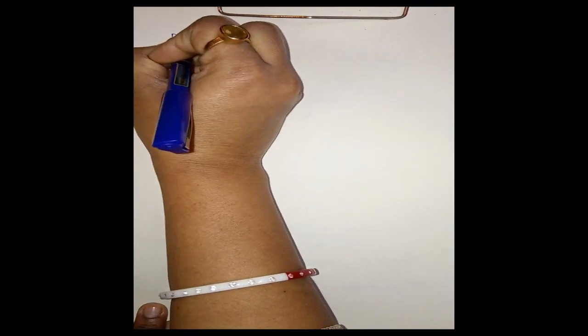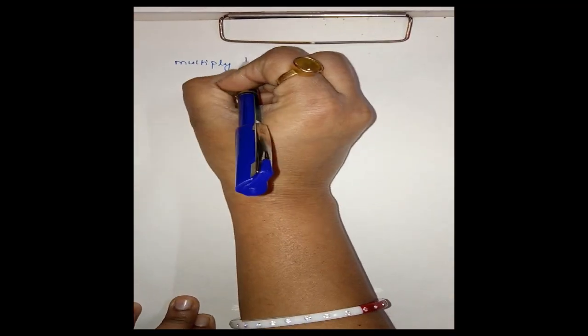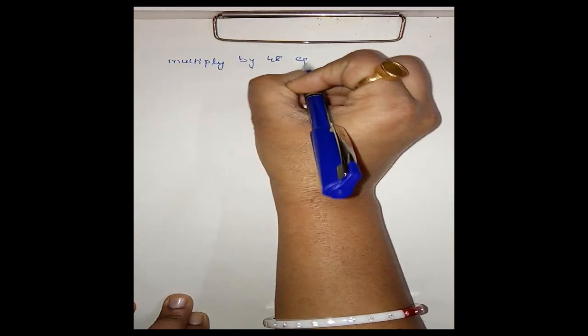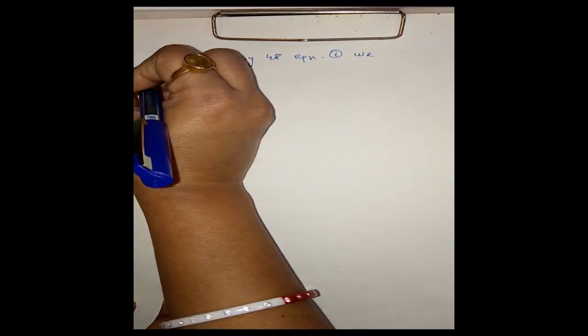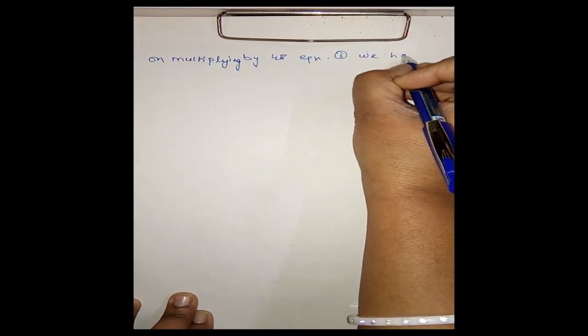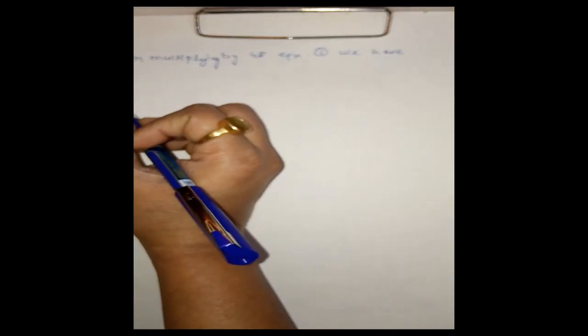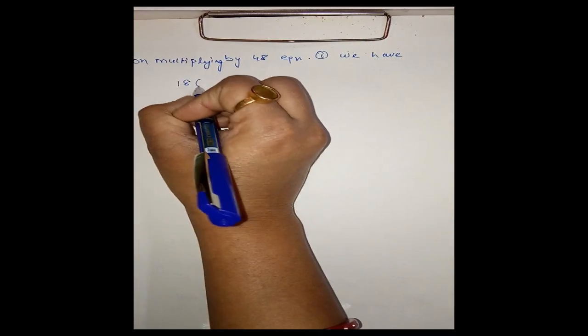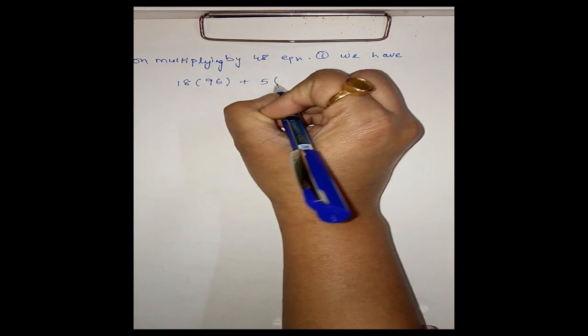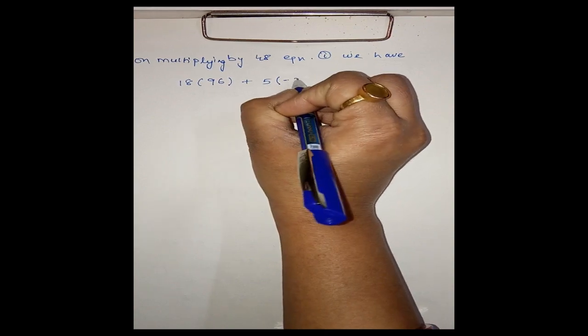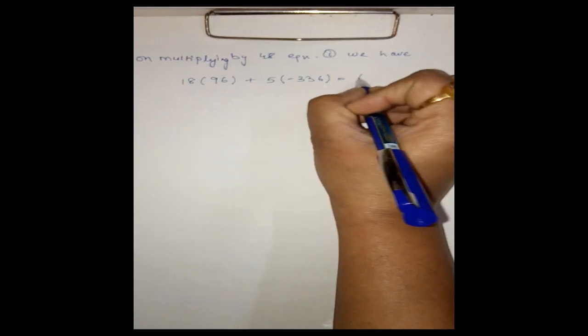Now on multiplying the first equation by 48, equation number 1, we get 18 into 96, since 2 into 48 is 96, plus 5 into minus 7 multiplied by 48 gives minus 336, and this is equal to 48.